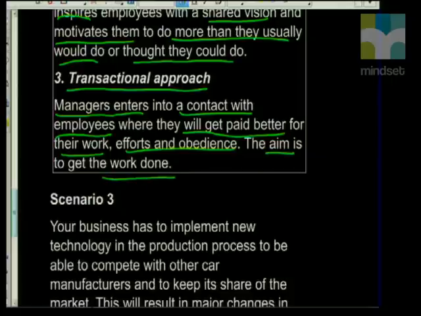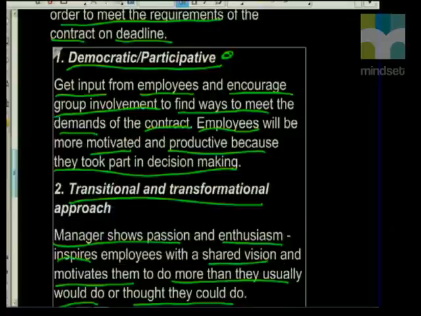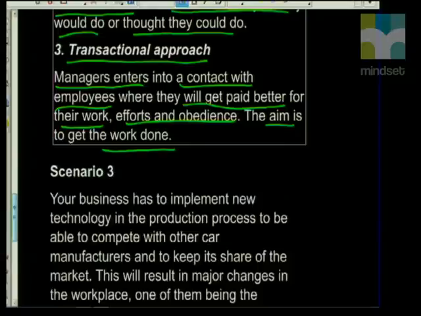So where the first one was about let's get their buy-in with the democratic style, where we want to get employees to buy into the idea because they made choices, the second one is about I'm going to inspire you to work harder. The third one really is more about telling people, literally, if you do this, you'll get paid better, and I want to get the job done. So this is what I want, and this is what I'll give. So that's the third approach you could have had there.